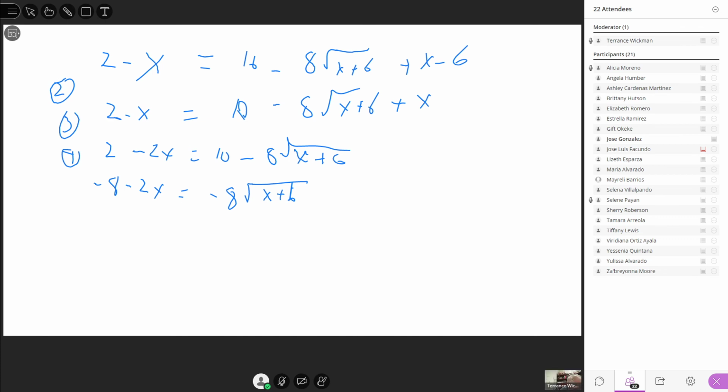How did we get negative 8? In order to move the 10 from the right to the left, we subtracted. Who said that? Celine. Celine, you're right. If you subtract 10 from the right, it goes away. There's nothing left. Okay, so now, what's the next thing we can do to shrink this?